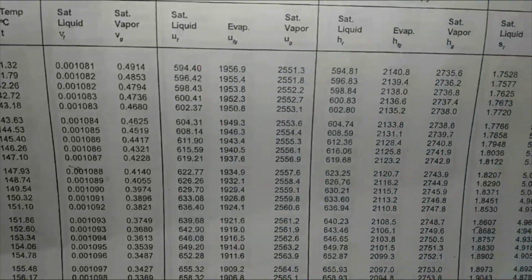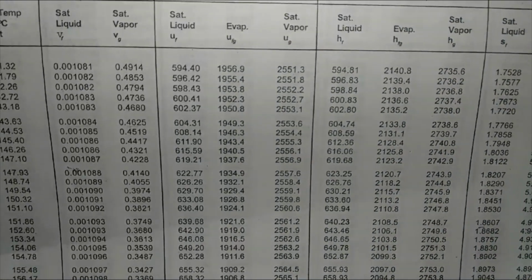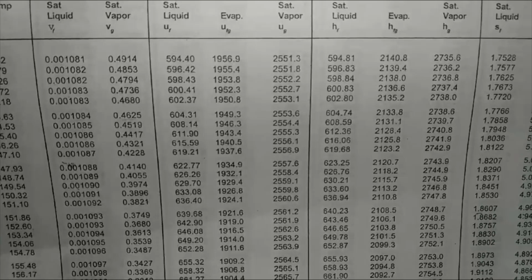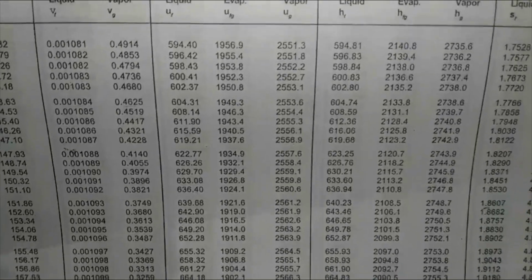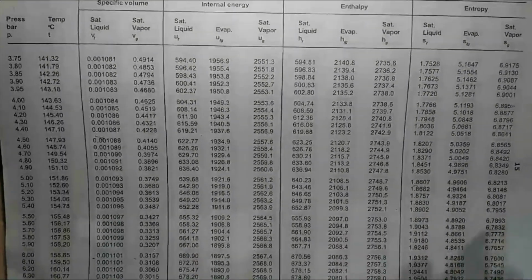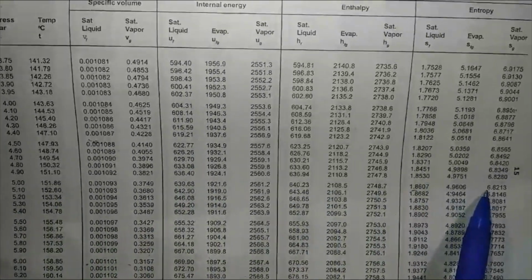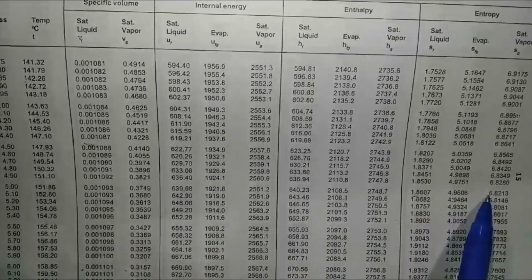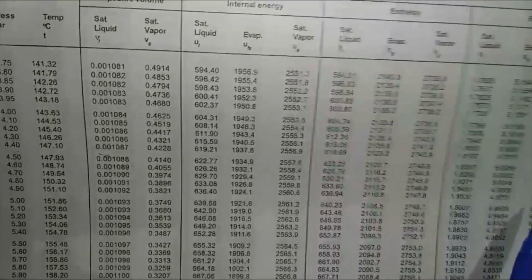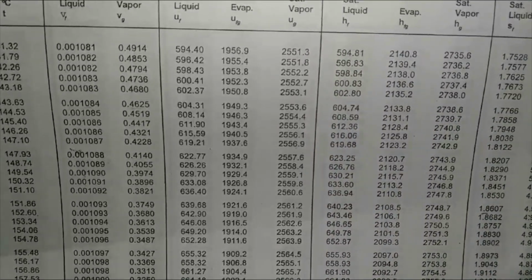See, what is the value of entropy? So this I considered. See, for 5 bar, entropy Sg is 6.8213, right? 6.8213.